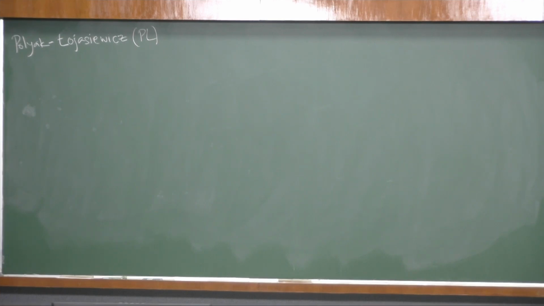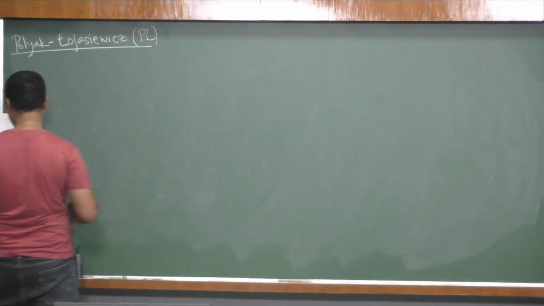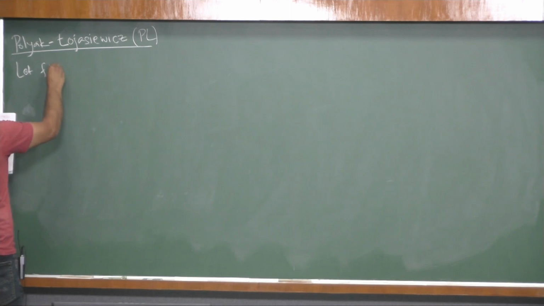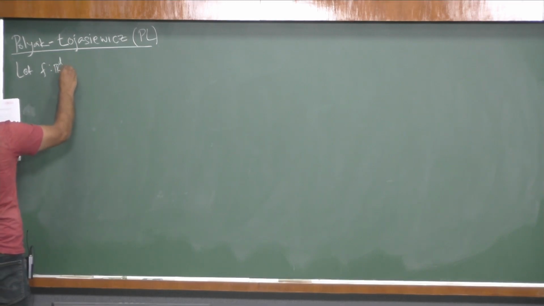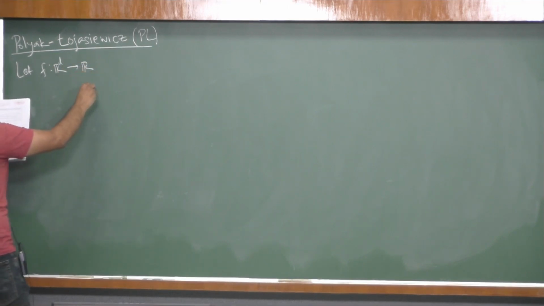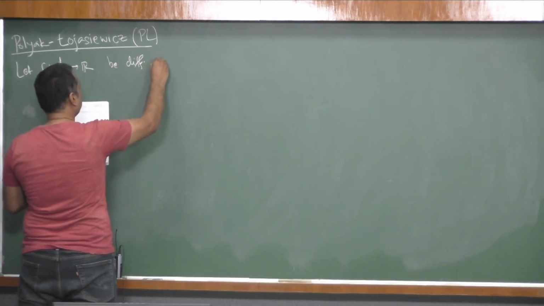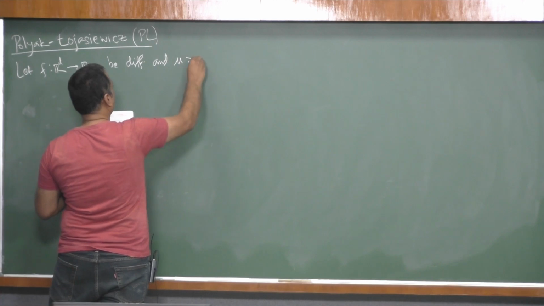So what is this PL condition? Let us see this, and how it generalizes convexity, convex arguments. So let f from R d to R, so let us focus on real valued, be differentiable, and mu greater than 0.